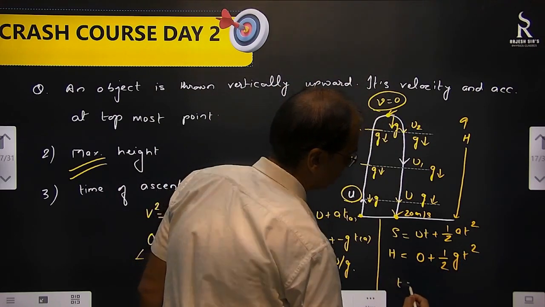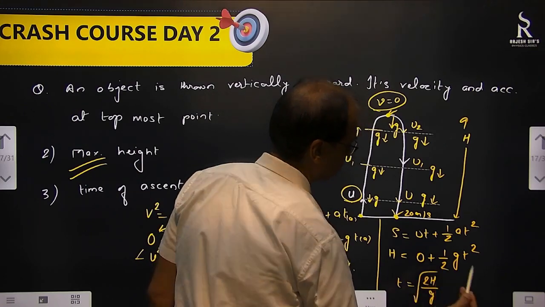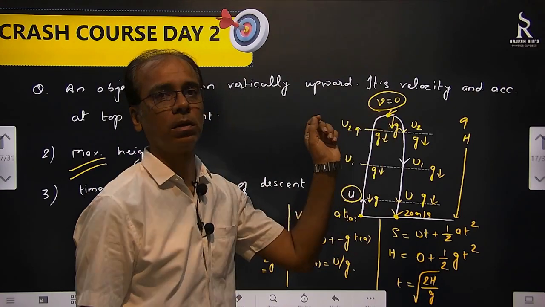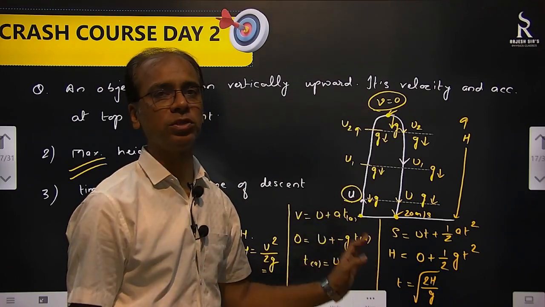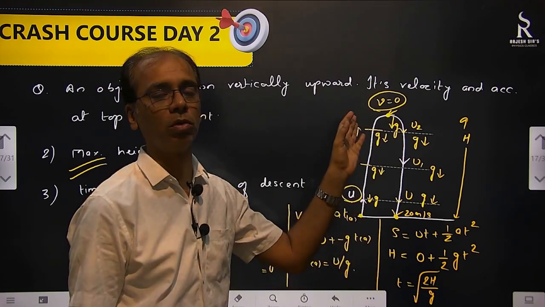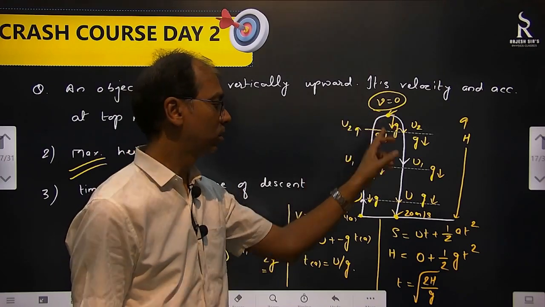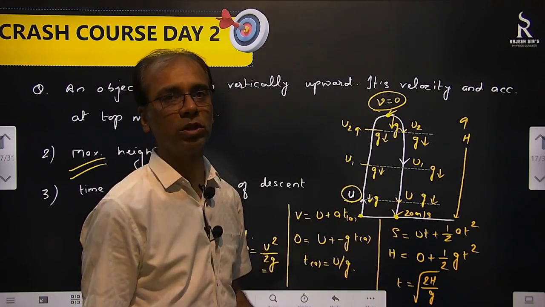We are getting t equals root over 2h by g. This is your time of descent. Any particle, if you are dropping it, how much time does it take to strike the ground? Root 2h by g. Initial velocity is 0. Time of ascent u by g, time of descent root 2h by g.